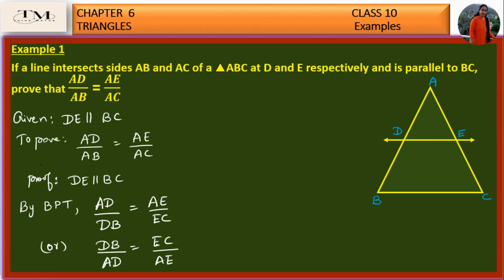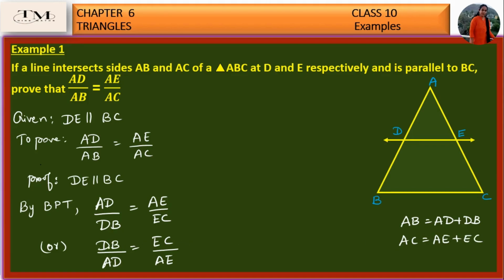Why are we interchanging? Here we have AB, and AB is nothing but AD plus DB. On the other side, we have AC, and AC is nothing but AE plus EC.